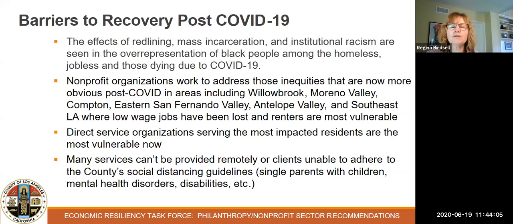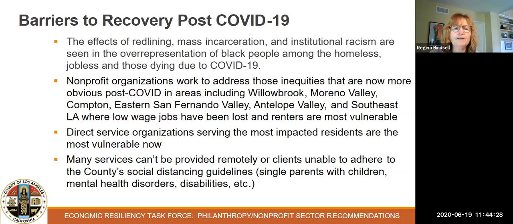One of the points that we made is that the nonprofit sector really is addressing so many of the inequities that have gone on, particularly in brown and black communities, with some areas of very high need. Not news to any of you, but what we do know is that some of those direct service providers working in those areas are the most vulnerable.